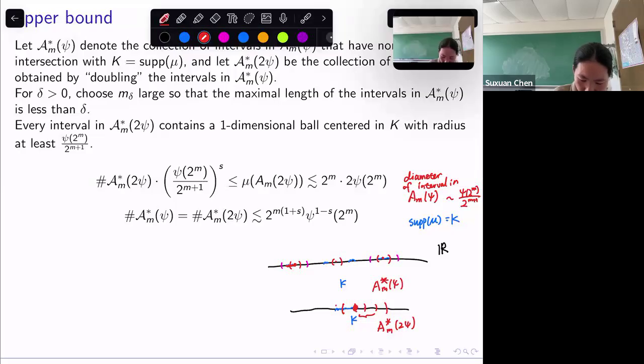So this doubled interval completely contains a one-dimensional ball with center in K and radius psi 2 to the m over 2 to the m plus 1. Therefore, we can get a lower bound for the measure of balls inside AM2 psi.